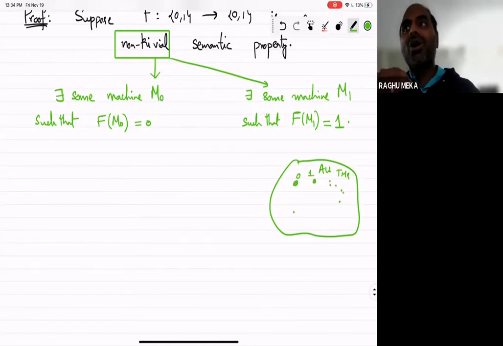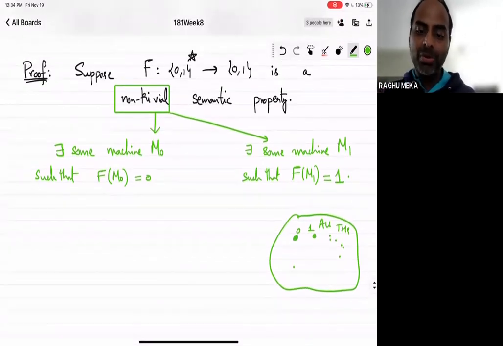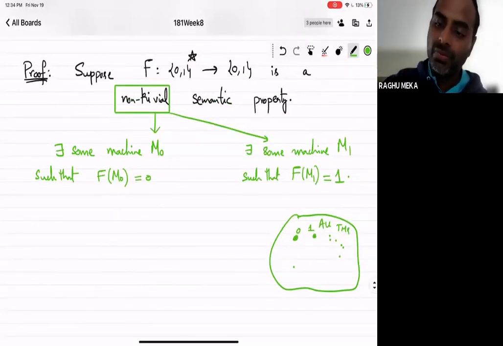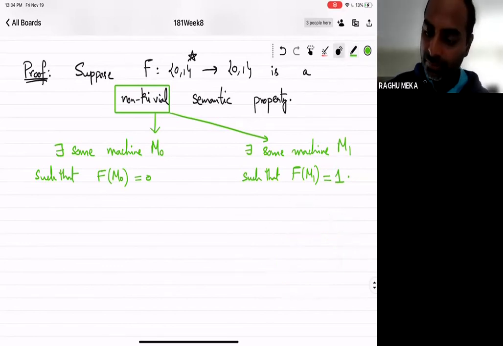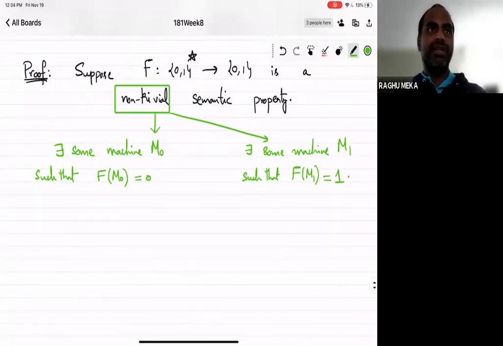Non-trivial means it's not a constant function. So there is some machine which makes f output 0, and some machine which makes f output 1. That's what we are getting from non-triviality.